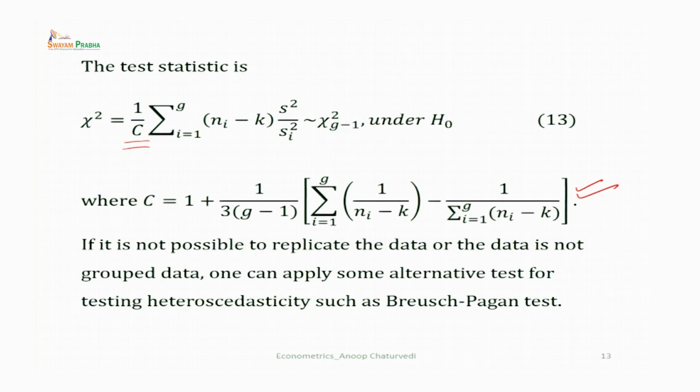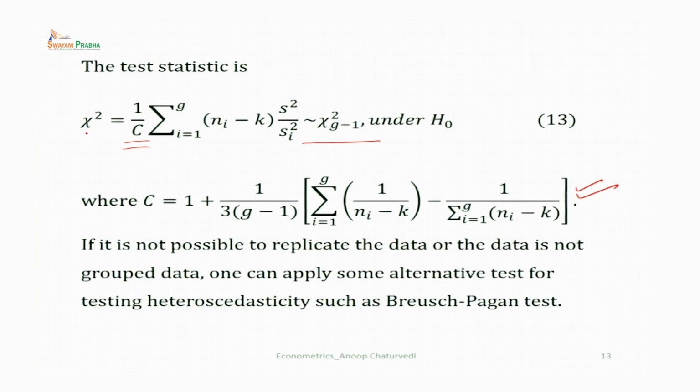Again, I am not going to give you the derivation of the distribution of the test statistic, but using this distribution you can easily form the critical region for testing H naught.